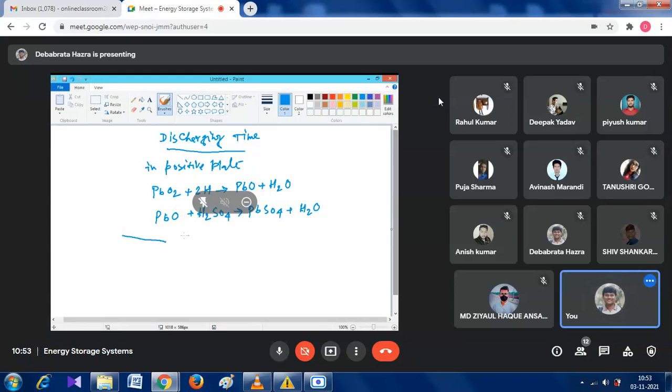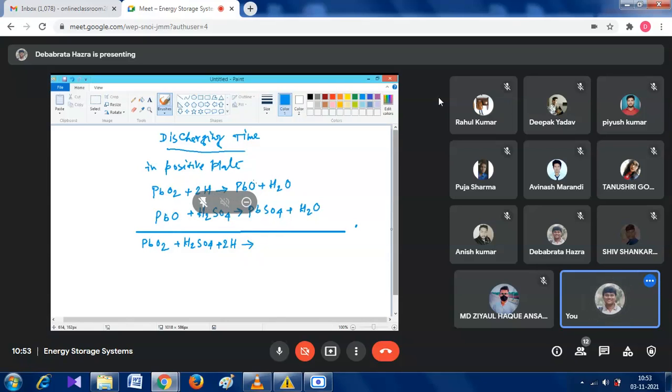If you write the total equation, then PbO2 plus H2SO4 plus 2H, because this PbO2, first the lead peroxide reacts with H and creates PbO, lead oxide, and this lead oxide will react with H2SO4 and create PbSO4.